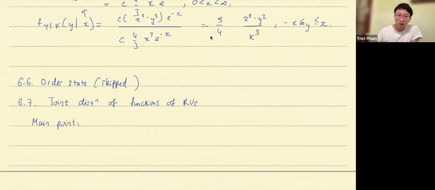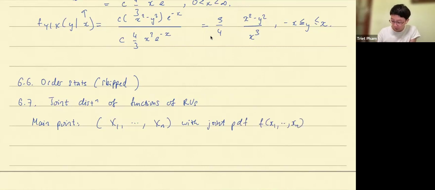Remember, we actually looked at this before. So basically you have a random vector, let's say x1 up to xn, with some joint PDF f of x1 up to xn.